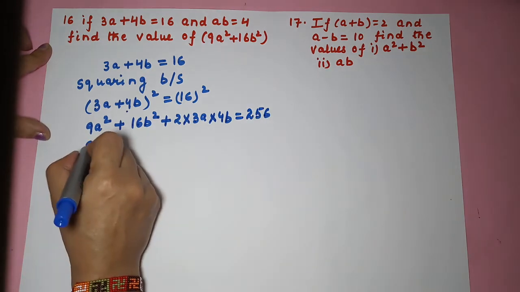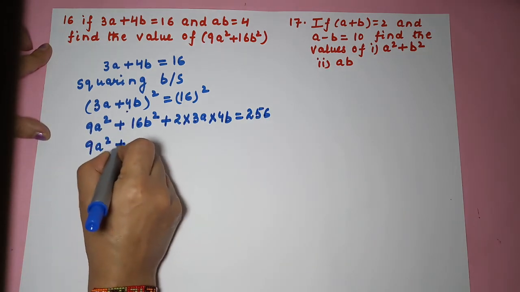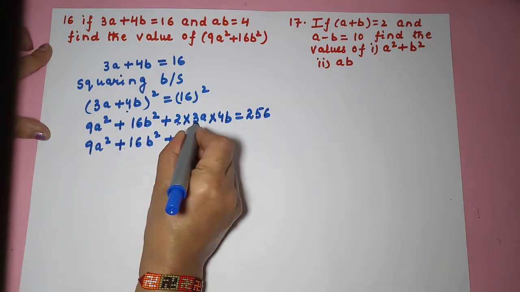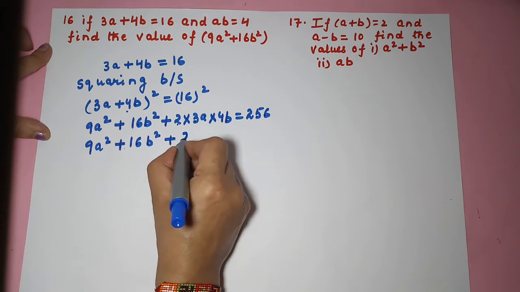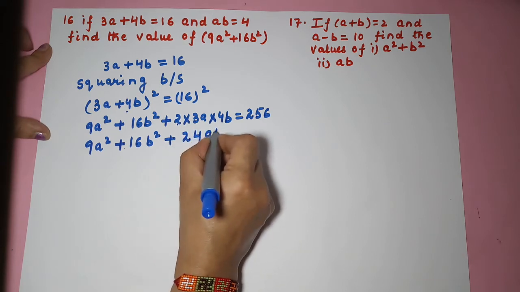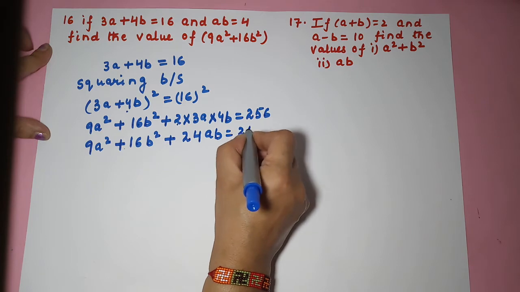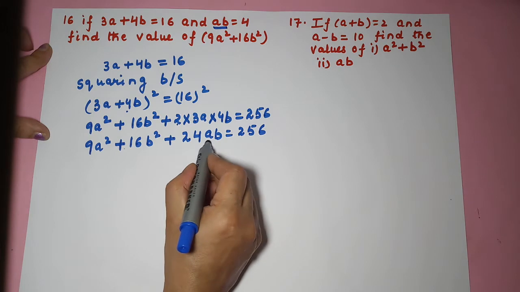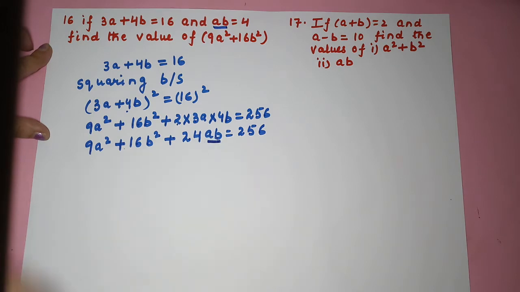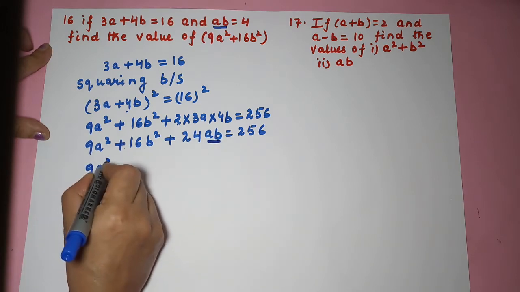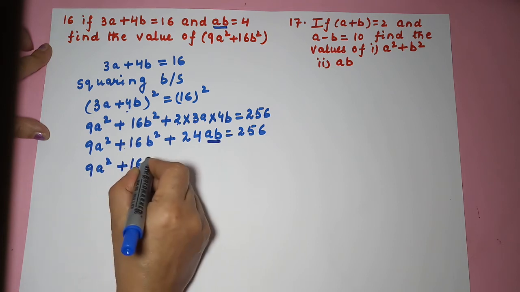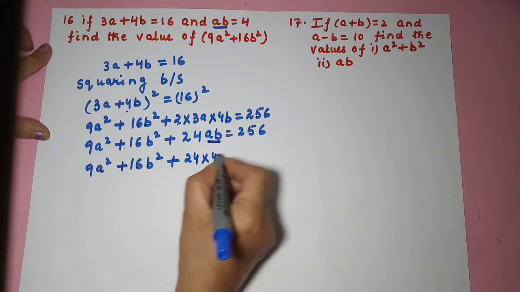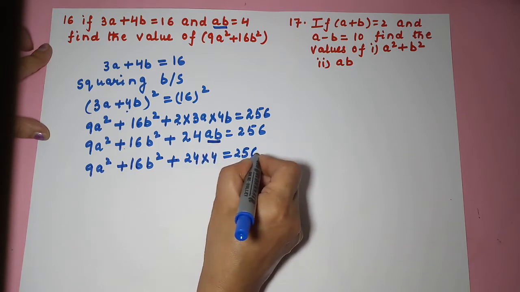Right? Now this becomes 9a square plus 16b square plus 2 3s are 6, 6 4s are 24 ab is equal to 256. Now I am given the value for ab as 4. So I will replace this ab as 4. So finally I will get 9a square plus 16b square plus 24 into 4 is equal to 256.